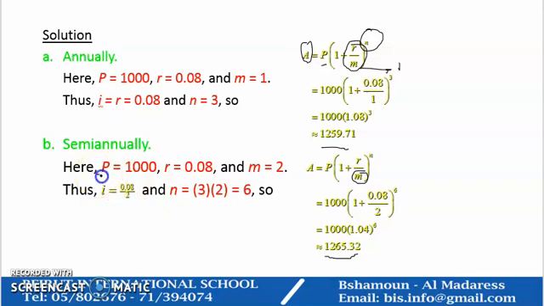Now, if the present value is 1,000 and the interest rate is R, but I'm going to divide it by the number of periods per year because we are using compounding semi-annually, then the interest is obtained twice per year, so we divide by 2 here. And since each 6 months we have interest added to our account, in 3 years the interest is added 6 times, and we obtain this value.